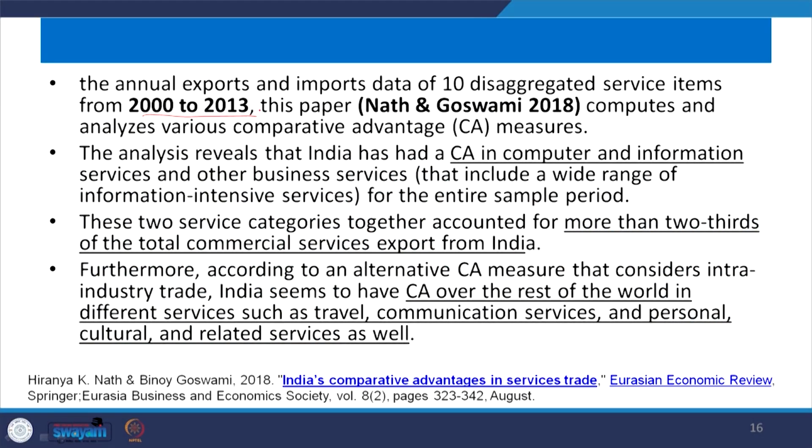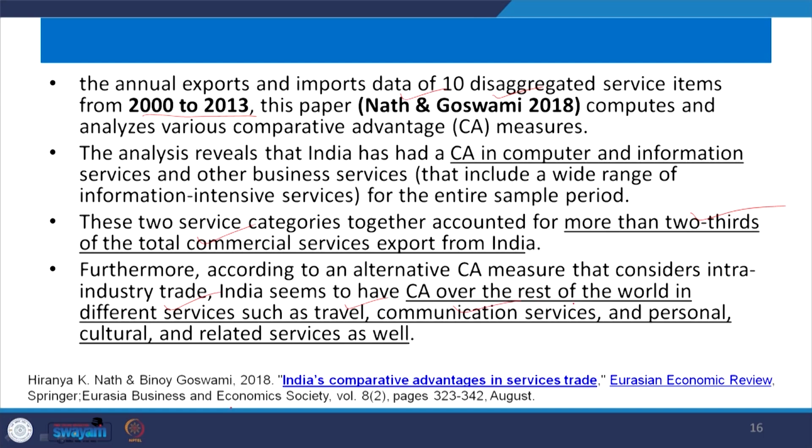Similarly, annual exports and imports data of 10 disaggregated services items from 2000 to 2013 were explained in this paper by Nathan and Goswami, especially for the Indian context. They computed that India's comparative advantage for computer and information services is much better. We have an advantage: more than two-thirds of the total commercial services exports are from India.